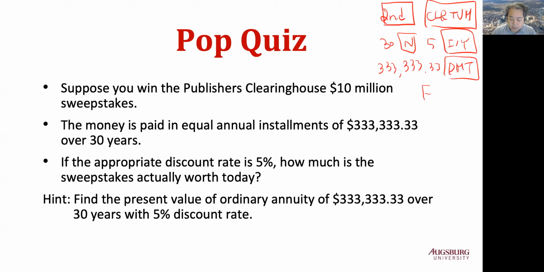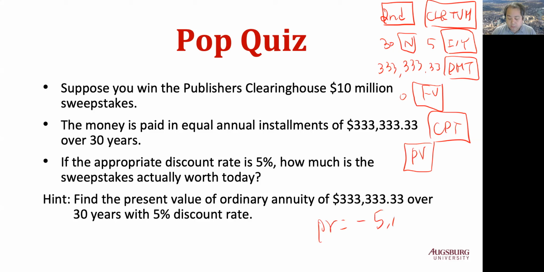And future value is 0. And compute present value, then PV equals, you should have negative $5,124,150.29. So the value of this win is $5,124,150.29, the present value of this cash flow.